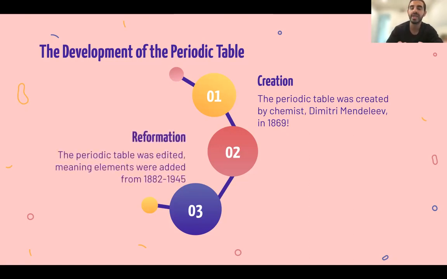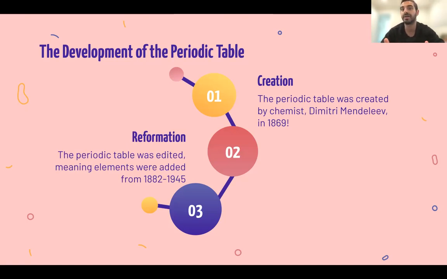And then between 1882 and 1945, the periodic table was edited, meaning that elements were added and filled in based on the number of protons they had. So Mendeleev was really adamant on organizing it by atomic number so that it goes from number 1, which is hydrogen, all the way to whatever element has the greatest number of protons.